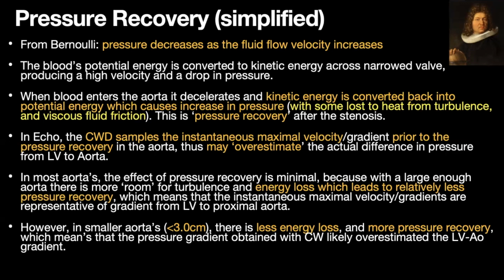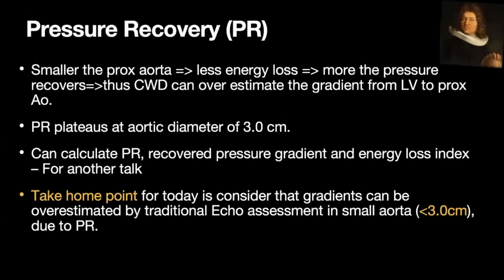That being said, in smaller aortas, defined as less than 3 centimeters, there's less energy loss and therefore more pressure recovery, which means the pressure gradient obtained with CW likely overestimates the gradient across the LV and the proximal aorta. So again, the smaller the aorta, the less energy loss, the more pressure recovery. Thus, CW can overestimate the gradient in these cases.